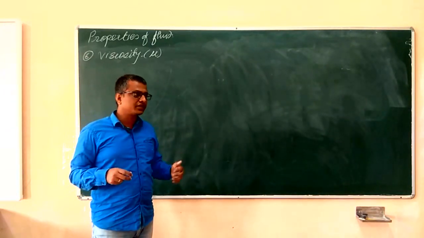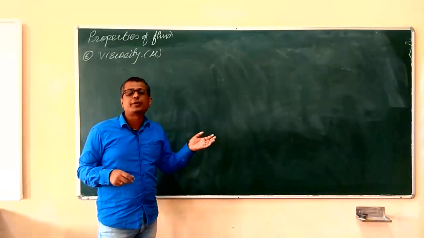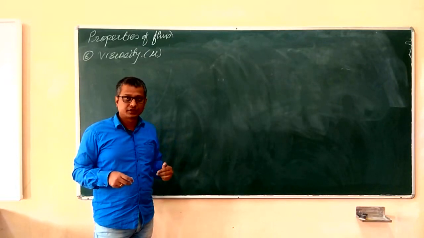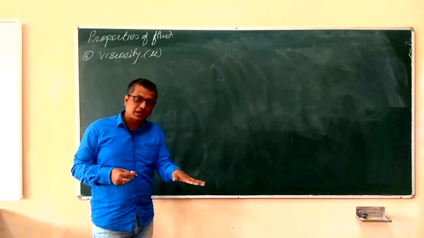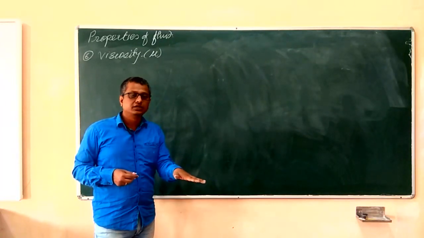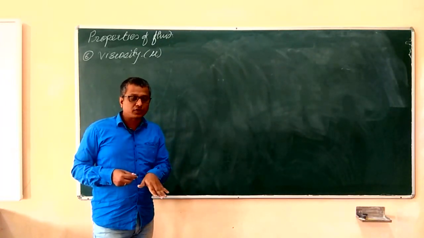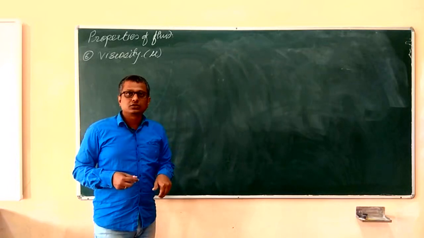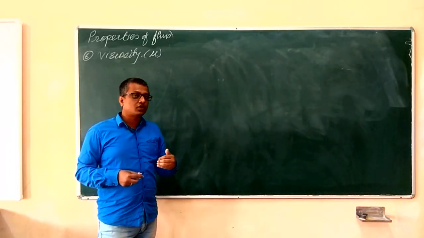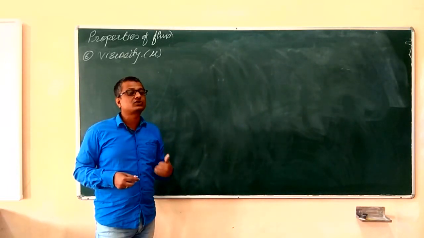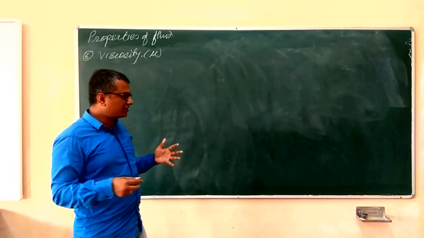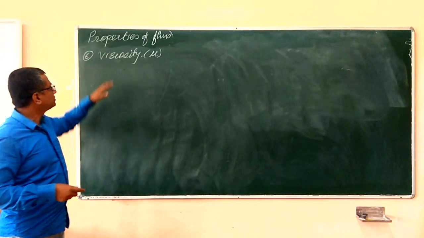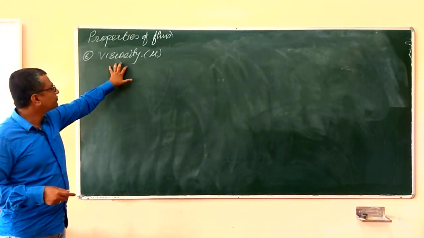Instead of water, if I take another fluid like petrol, diesel, or even kerosene, and pour it onto the same platform with the same inclination, you will find petrol flows faster than water. So petrol or diesel has lower viscosity than water. These are the rough definitions and examples of viscosity.